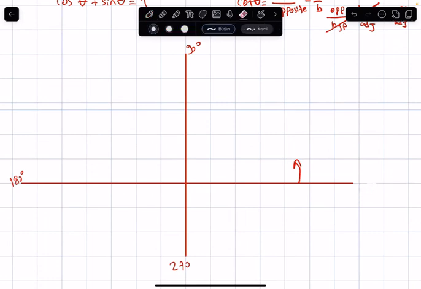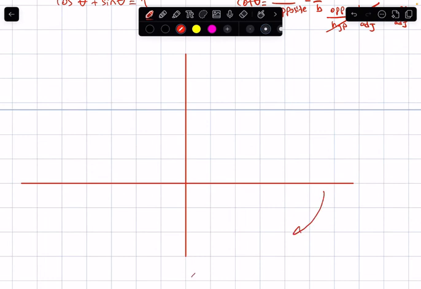Just keep this in mind. And if I follow the opposite direction, then it is negative 90. Anyways, this is cosine, sine, negative cosine, and negative sine.